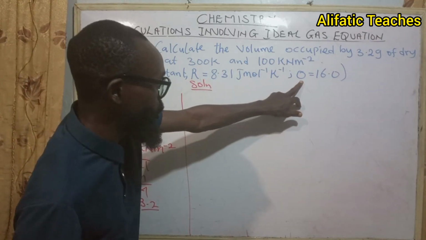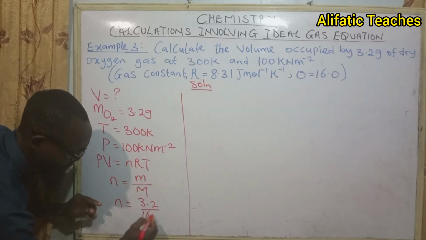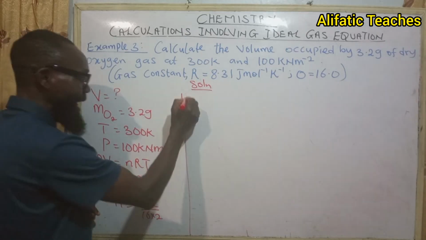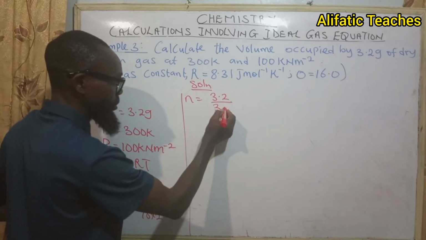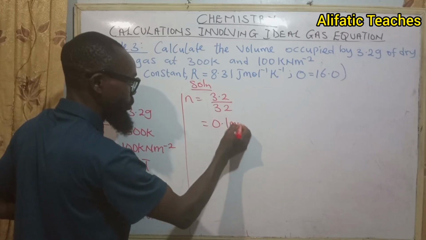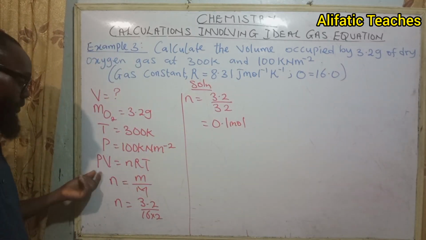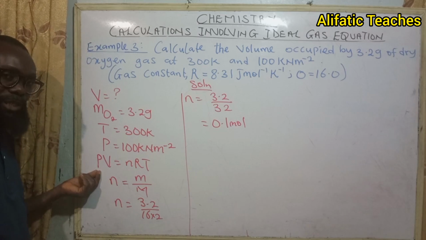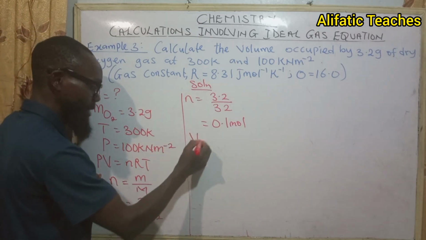Don't forget, oxygen is O2, meaning 16 multiplied by 2. So n equals 3.2 over 32, which is 0.1 mole. So the amount of oxygen is 0.1 mole. So going back to the formula PV equals nRT, to get our V, you divide both sides by P. V is equal to what?